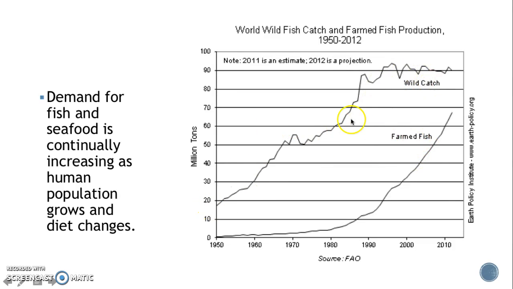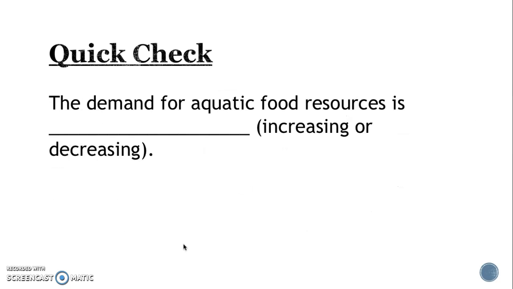So you can see a drastic increase in the amount of wild catch, but then here we see, starting in the mid-90s, it's now just kind of fluctuating around 90 tons, so we seem to have hit some type of limit. And then farmed fish, which didn't really exist, even in the 1950s, has taken off, so we're really trying to make that work to meet some of our fish demands. Okay, pause, you should know this.